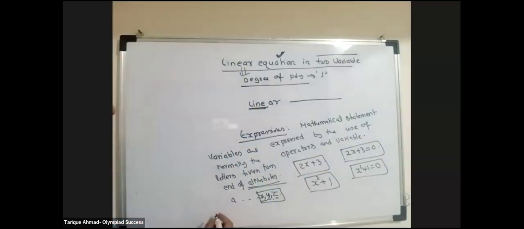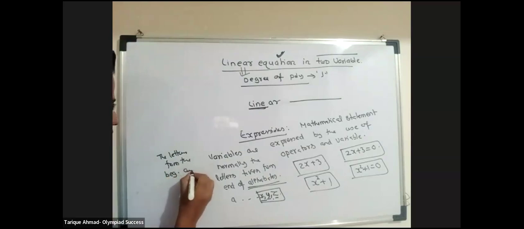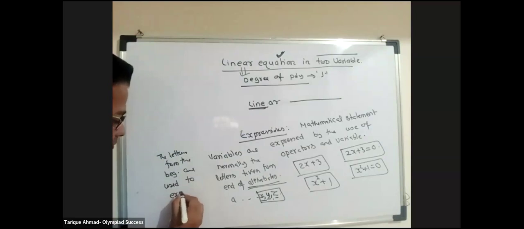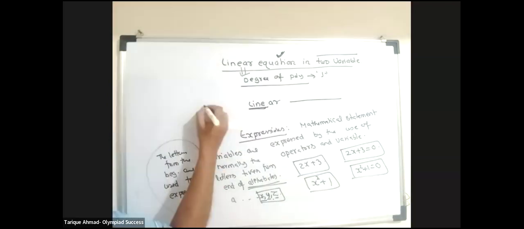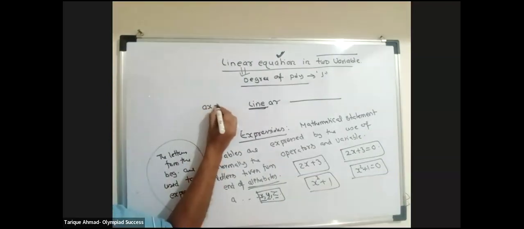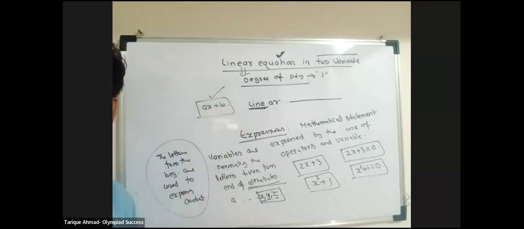And what about the others? The letters from the beginning are used to express constants. If it is written ax plus b, this was a question in class 9, recognize the variable and constant.